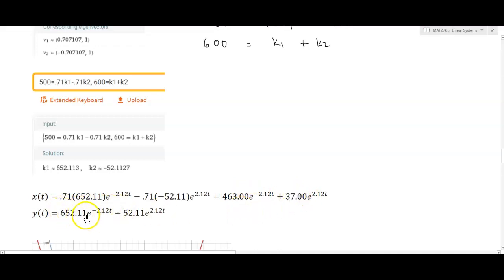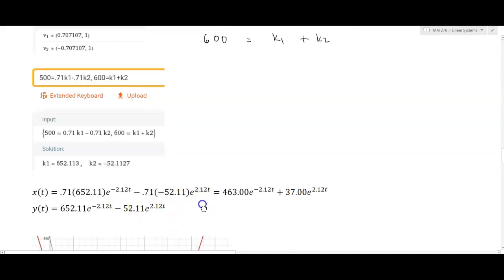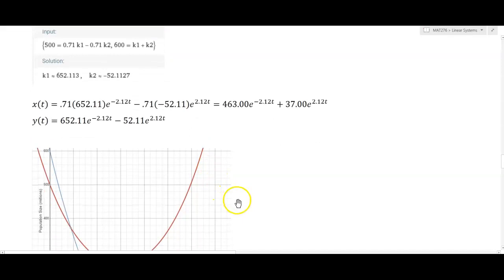And then since the second equation is just k1 e to the negative 2.12t, I'm going to plug in 652.11 there, and now I'll have plus k2 e to the 2.12t, which is negative 52.11 e to the 2.12t. So there's my solution. I can now go over to Desmos and graph these.